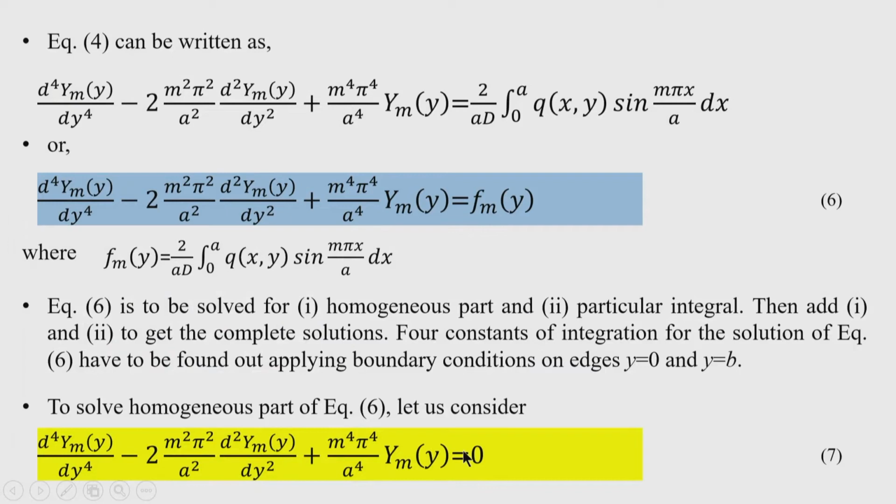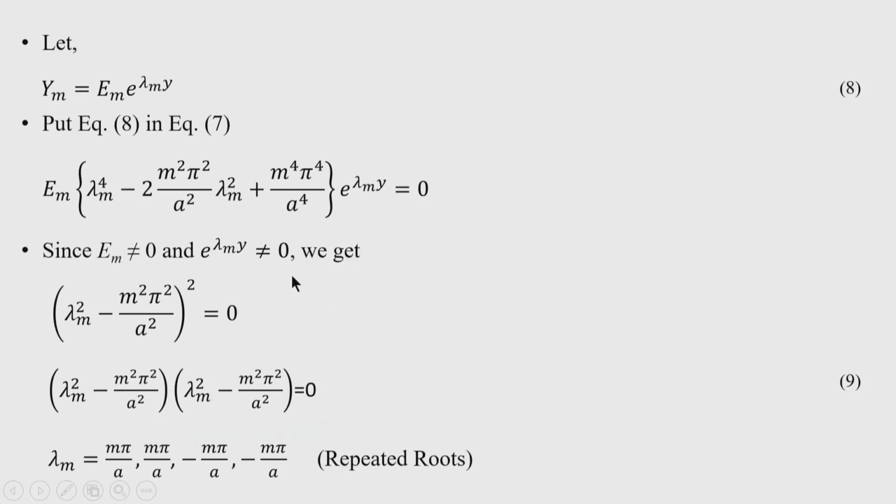Okay. To solve the homogeneous part of the equation, we will consider the right hand side to be 0. Now, using the theory of linear differential equations, we assume that the solution is in the form Y_m = E_m e to the power lambda_m y, where E_m is a constant and lambda_m is the characteristic parameter.